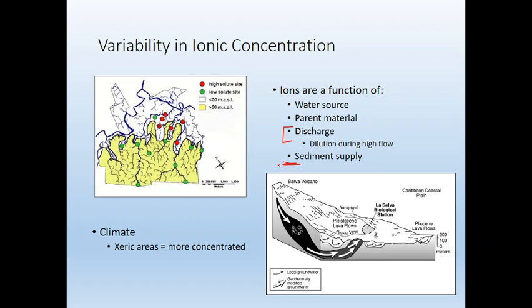But what we oftentimes see is that climate can also determine this. So with this discharge here, when you're going through a really arid or xeric area, a dry area, there'll be a lot more evaporation that can cause a concentration of the ions in the water.